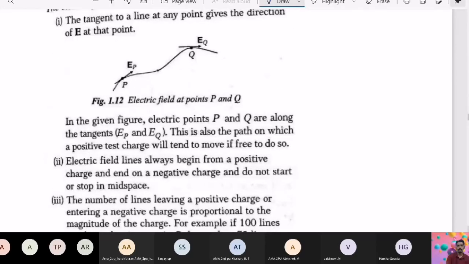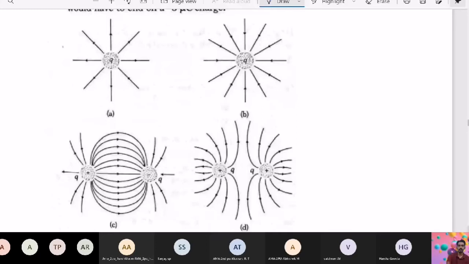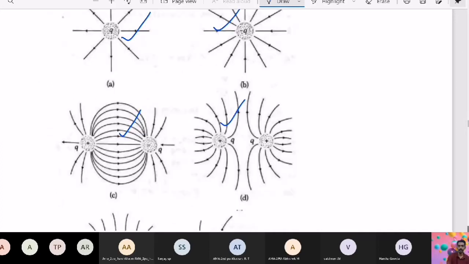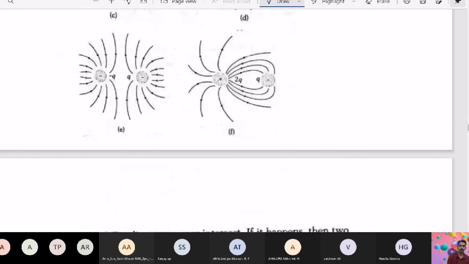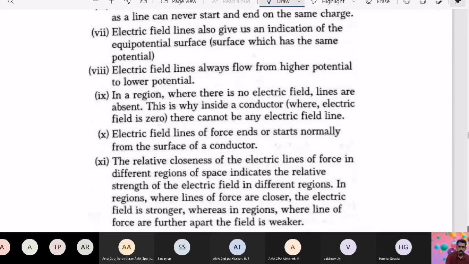Now, here again I have given notes, just points for whatever we have seen. So please write all these notes. See, for positive charge, for negative charge, for positive-negative, for positive-positive, for negative-negative, and for one negative and one positive with different magnitudes, all the combinations and all the properties I have given.